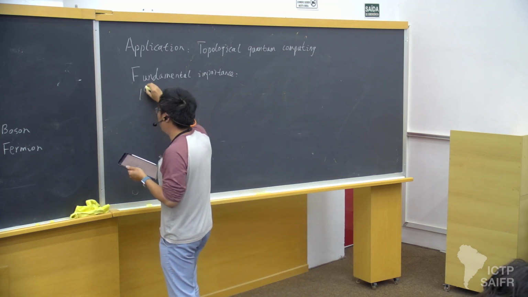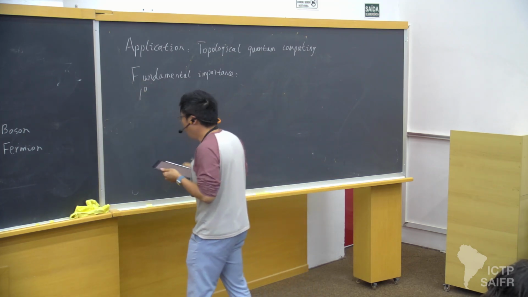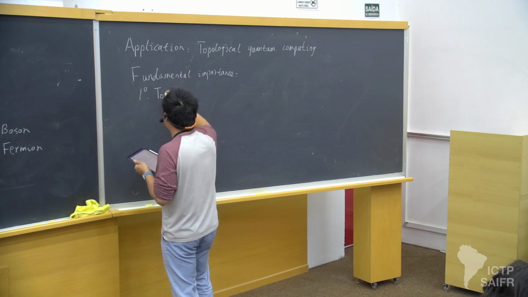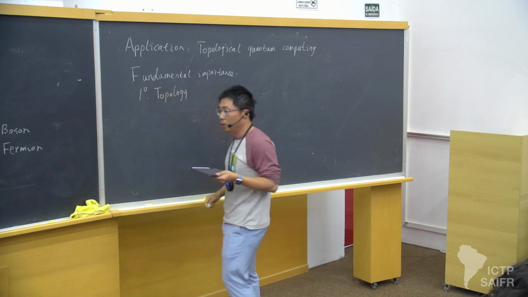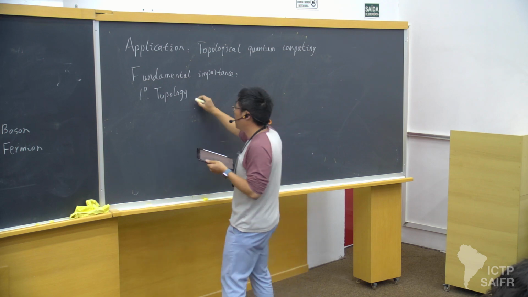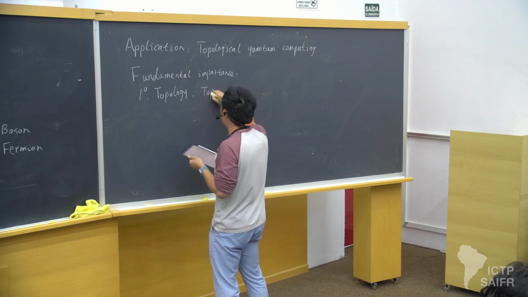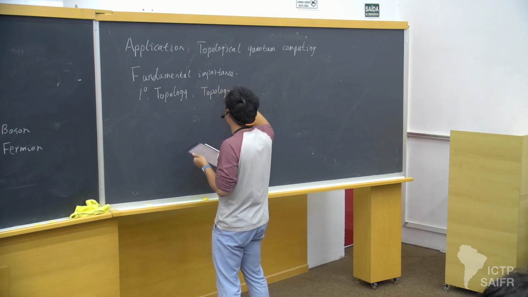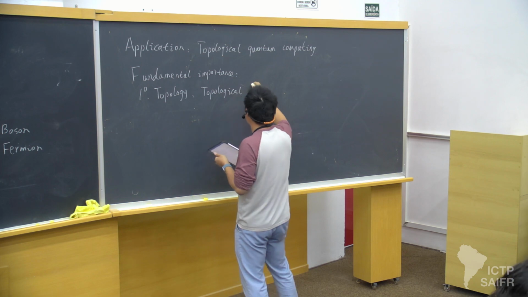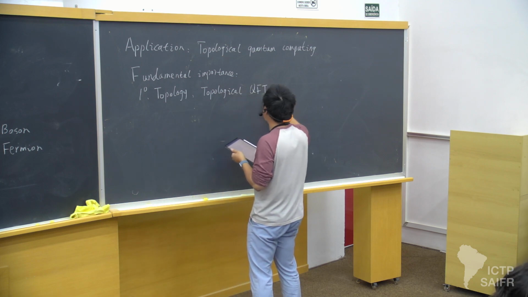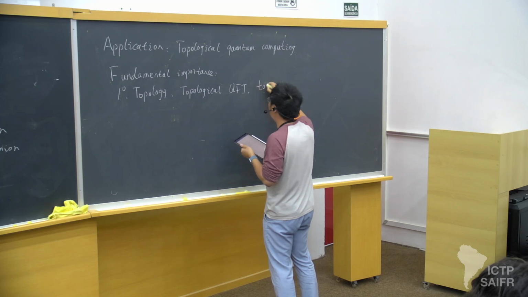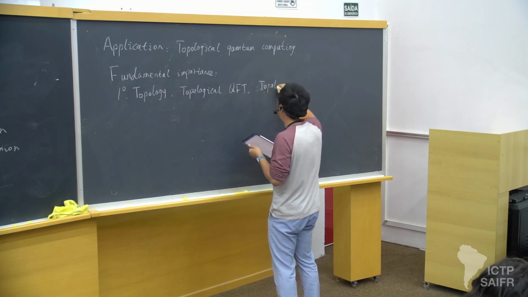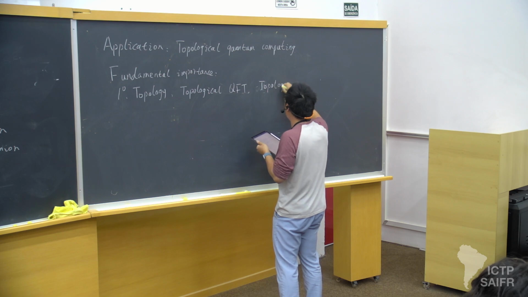For example, what I have mentioned is that topology plays a very important role in the story of quantum Hall physics, right? And more generally, it's related to the so-called topological quantum field theory, which in the condensed matter literature is also called topological order, that people have been studying for decades.